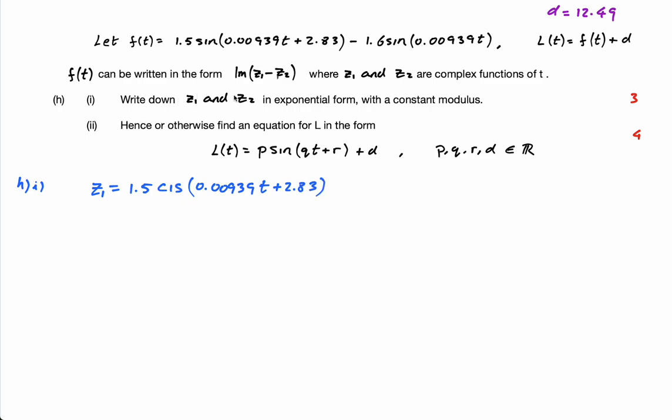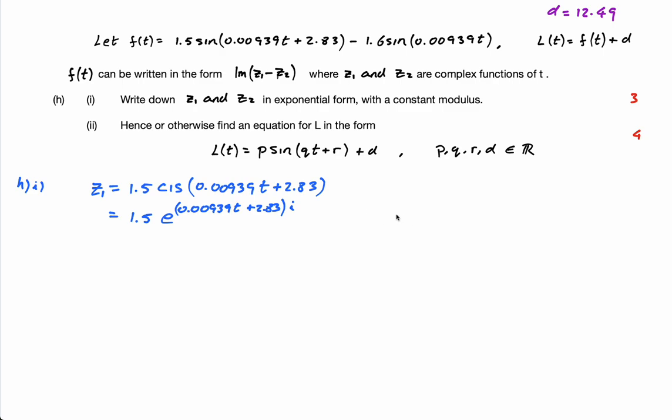But he says write down z1 and z2 in exponential form with a constant modulus. So this is 1.5 e to the power of 0.00939 t plus 2.83 i, because in exponential form it's r e to the i theta.